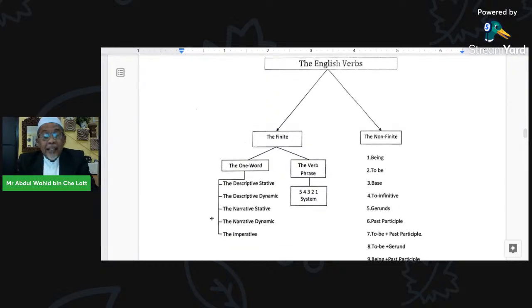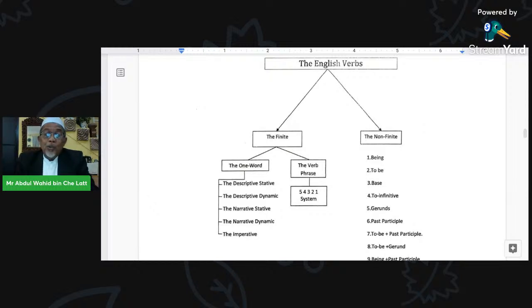The first one is the descriptive stative, or traditionally called simple present stative. For example, is, are, has, have. The second one is a descriptive dynamic, or traditionally called simple present dynamic. For example, go, comes, run, falls, etc. Number 3 is a narrative stative, or traditionally called simple past stative.